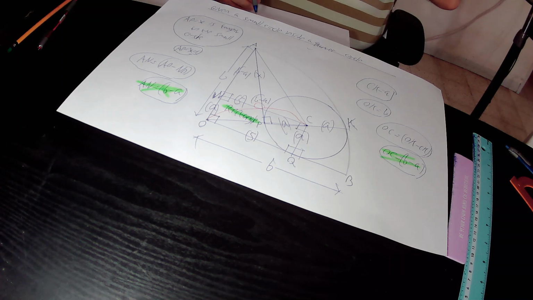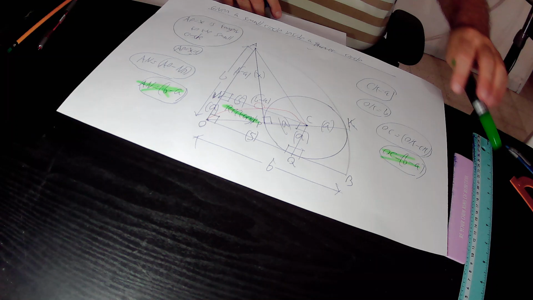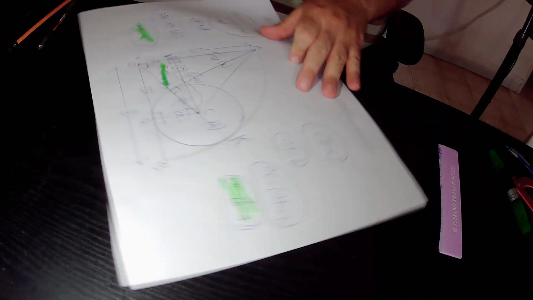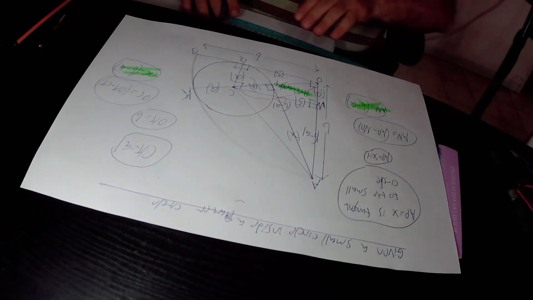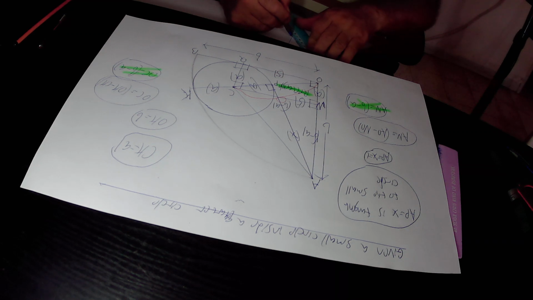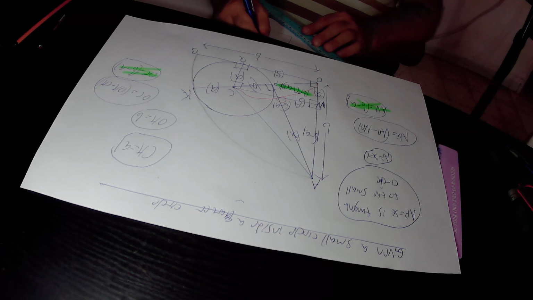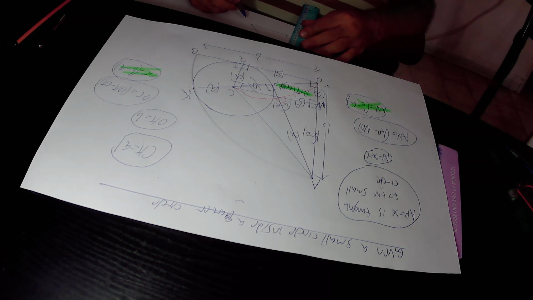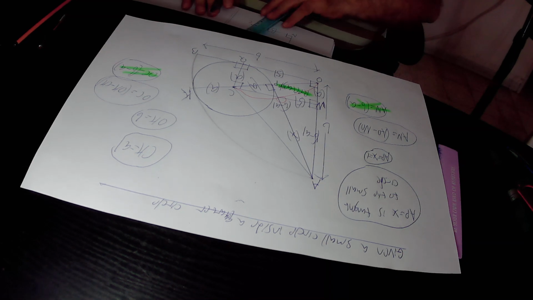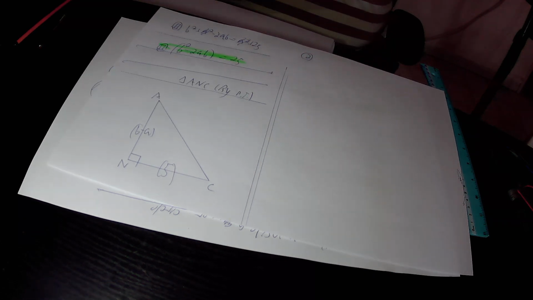Here PT stands for Pythagoras theorem. This is the right triangle A and C, the same as in the original drawing.